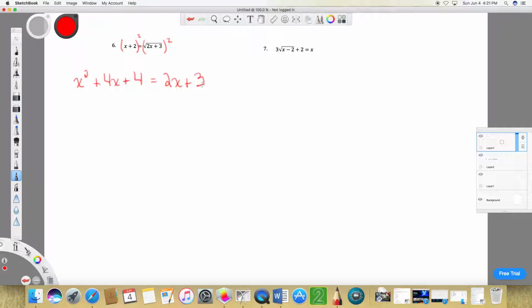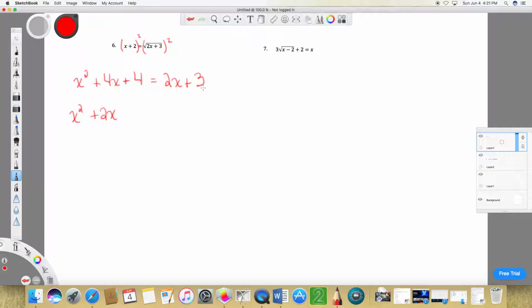So we have a quadratic equation. We want to get this quadratic equation in standard form, and then we can try to determine, can we factor it? And if we cannot factor it, we can use the quadratic formula or completing the square to get our solutions. So let's take away 2x from each side. So I have x squared plus 2x.